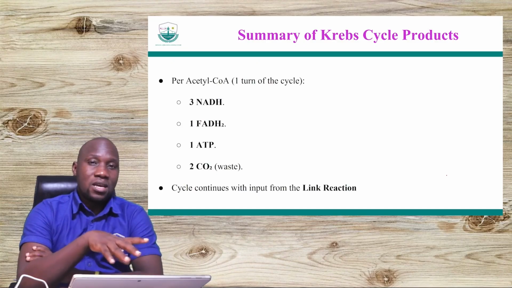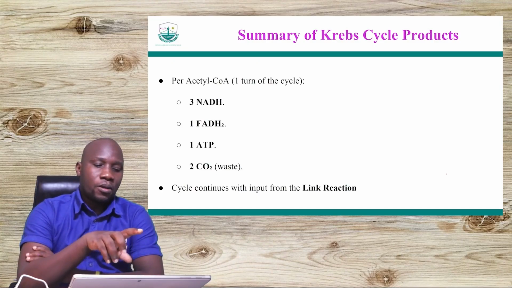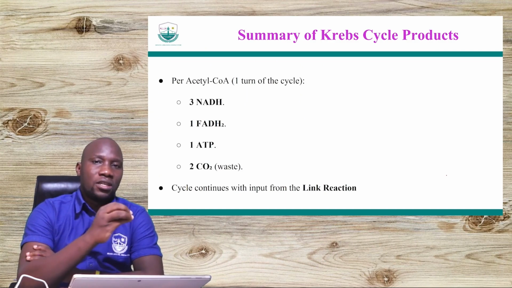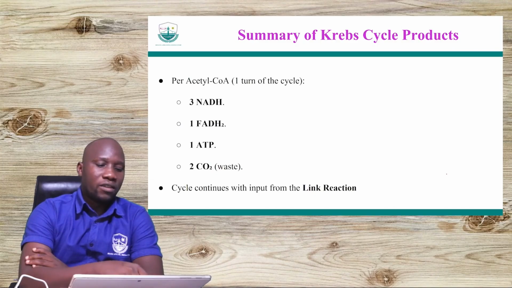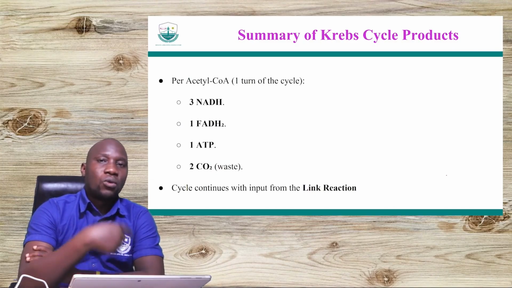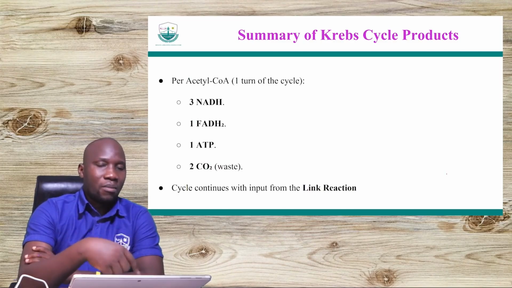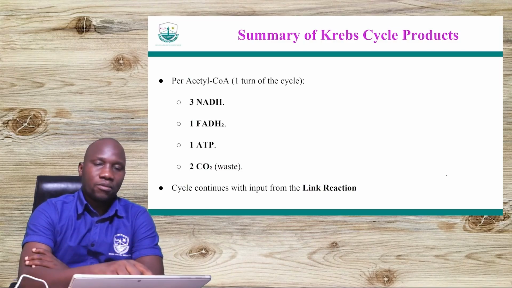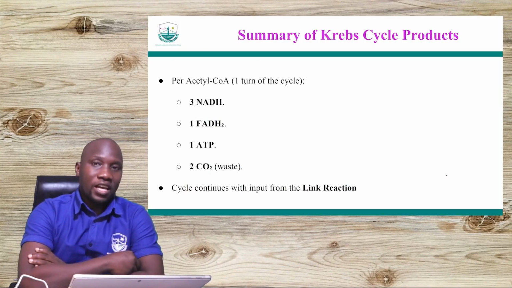That means that if we look at the complete 1 molecule of glucose, then we are going to multiply everything here by 2, because the Krebs cycle will run twice. But since it runs once per acetyl-CoA, this is what you get.